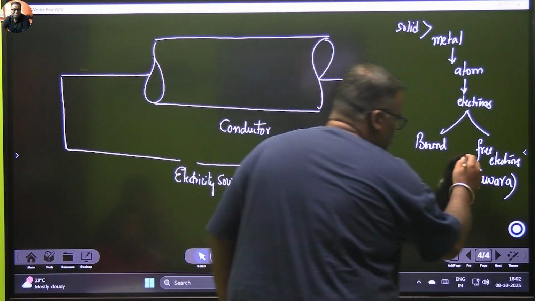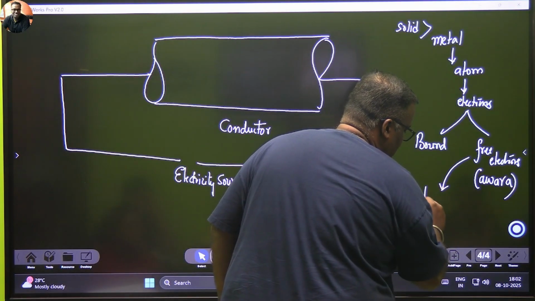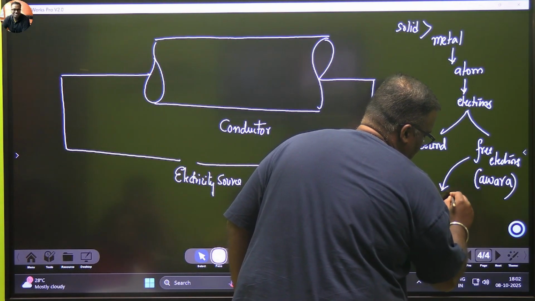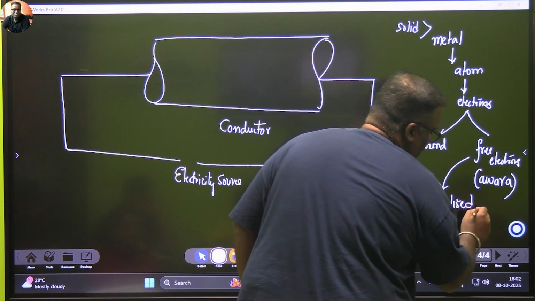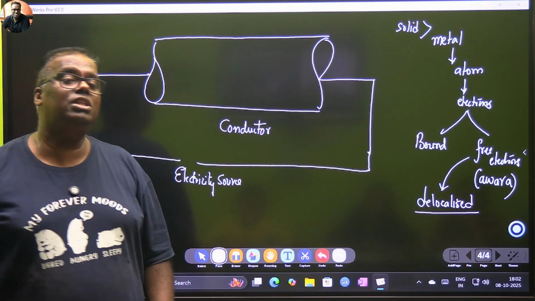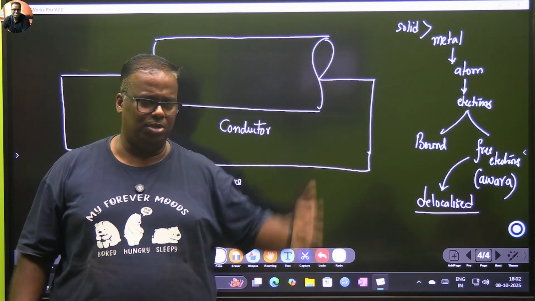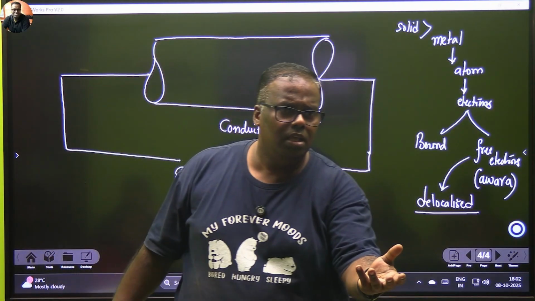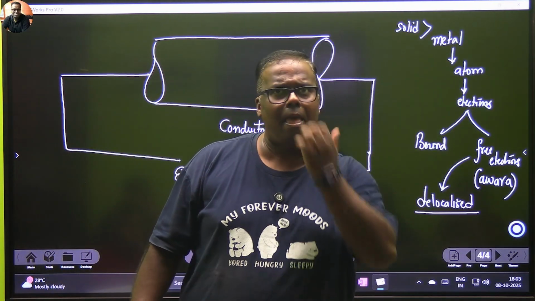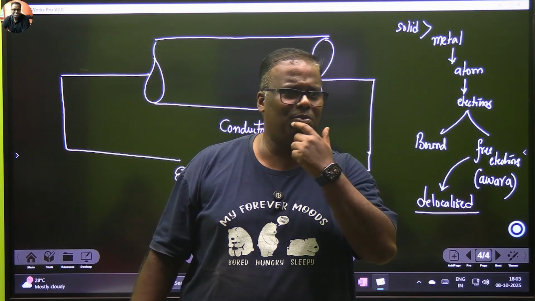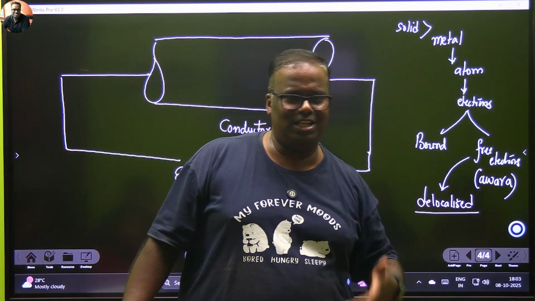These free electrons slowly become what is known as delocalized. Let us understand what is delocalized. Delocalized means they lose their parental information. If you suddenly ask, hey, which atom are you attached to? I don't know, I've been roaming around here since yesterday, I don't know my home, I'm roaming around with these.